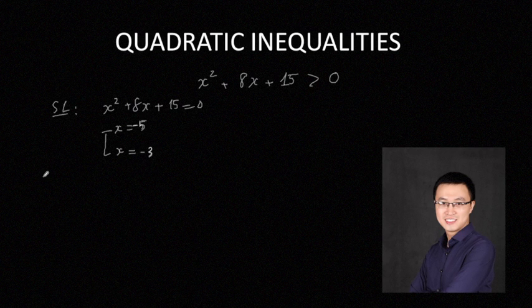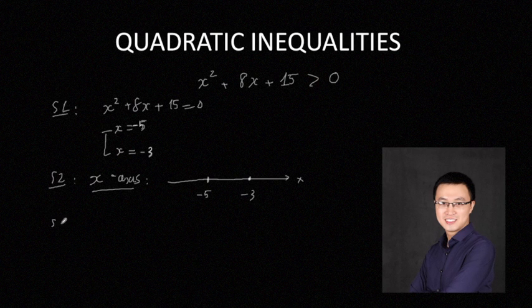After that, I will arrange them on the x-axis. You have 2 points here, and minus 3 is greater than minus 5. So here is minus 5 and here is minus 3.